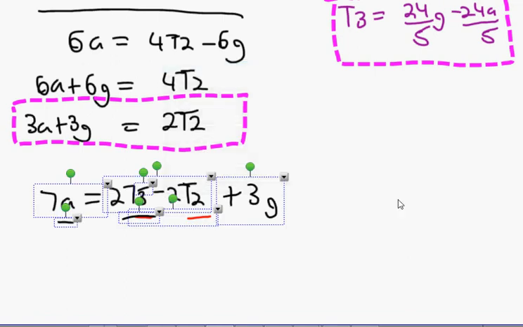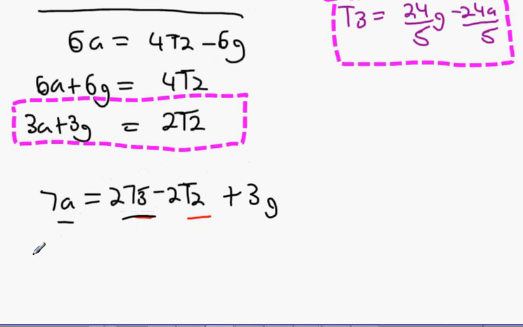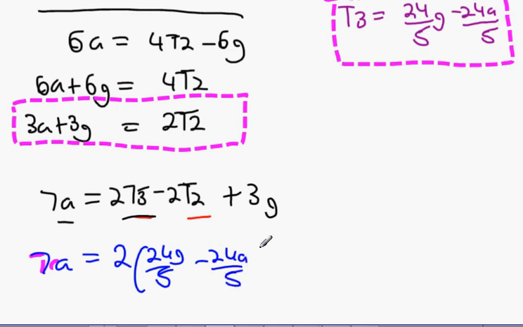Okay, part 1, 7a. 7a ends up to be 2T3, is it? So it's going to be 2 times 24G over 5 minus 24A over 5, minus 2T2, which is minus 3A plus 3G plus another 3G.